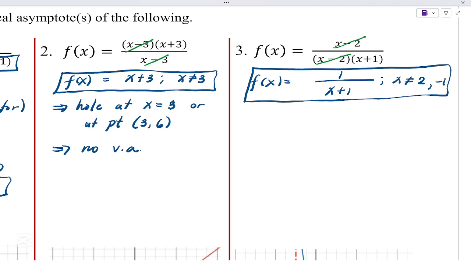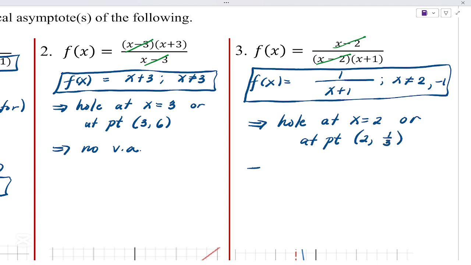Since there's a common factor of x minus 2, we can say that there's a hole at x equal to 2, or at point 2, comma, and if you substitute the x value in the new function, we get the value of y, which is equal to 1 over 3.